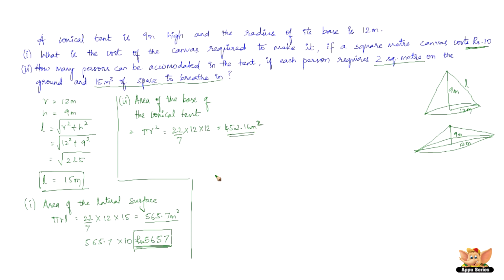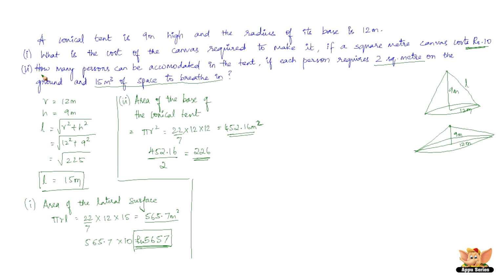So the available space on the base of the tent is 452.16 meters square. Now each person requires 2 square meters. So to find the maximum number of persons who will have enough space on the ground, we just divide the total area, 452.16 by 2, which gives us 226. So approximately, we can have a maximum of 226 persons on the ground.